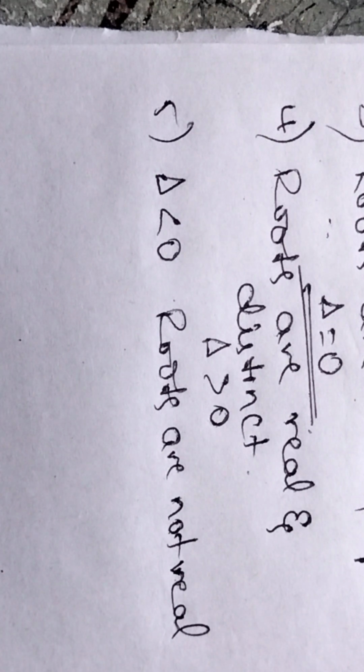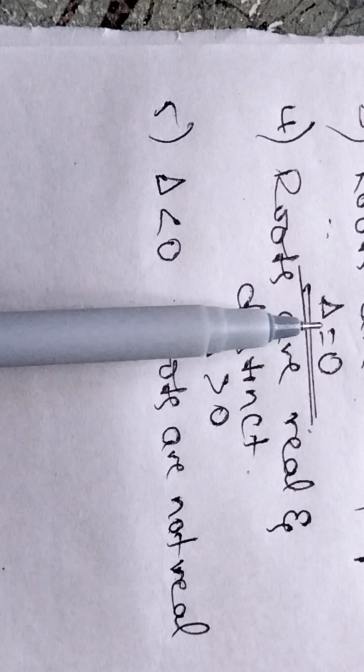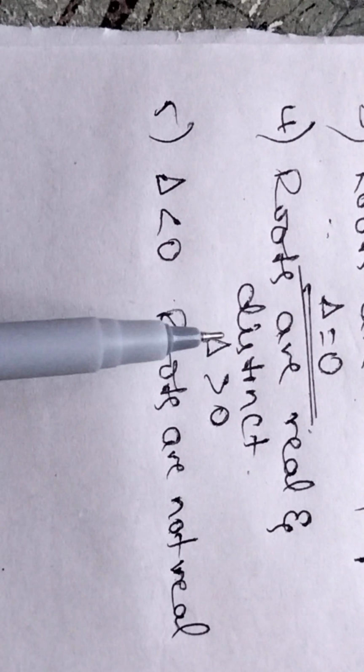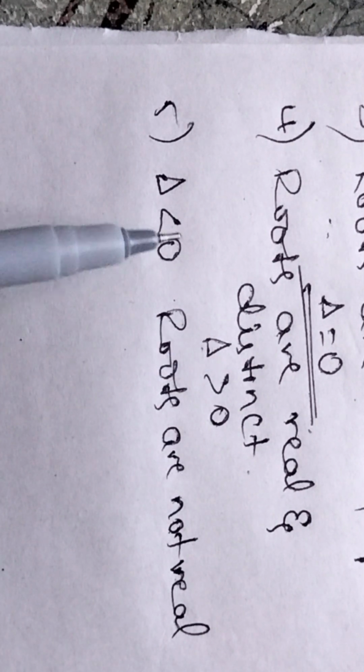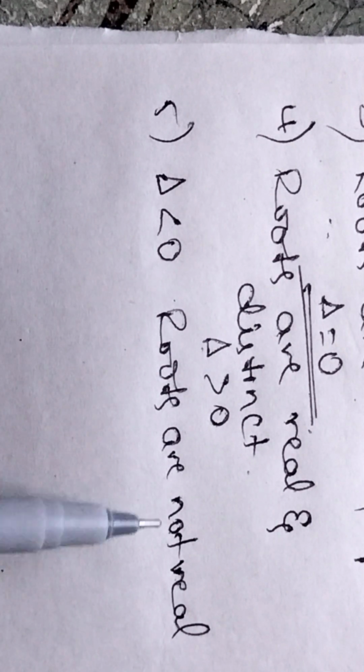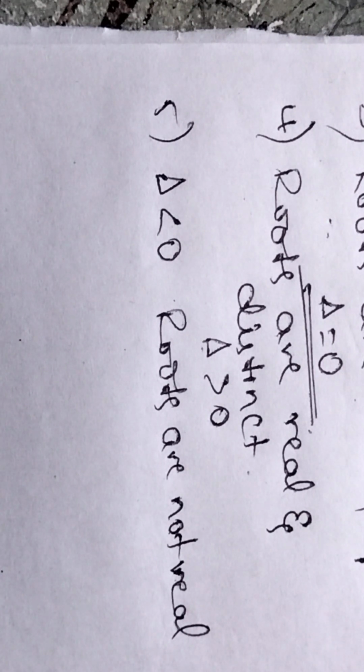Both are correct. See here, delta equal to 0, roots are real and equal. Delta greater than 0, roots are real and distinct. Delta lesser than 0, roots are not real. So this is the answer for the third, fourth and fifth questions.